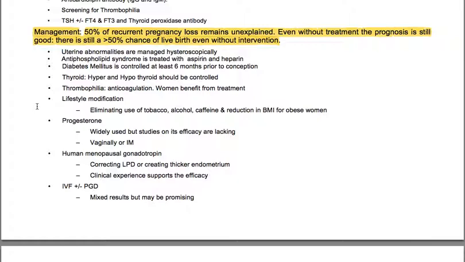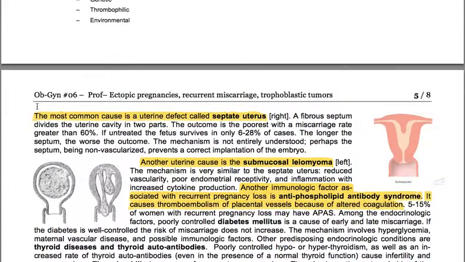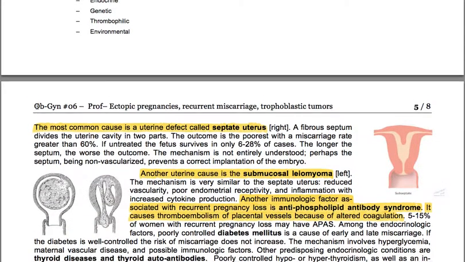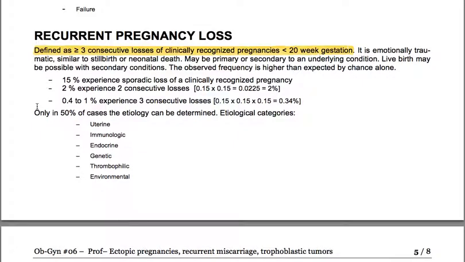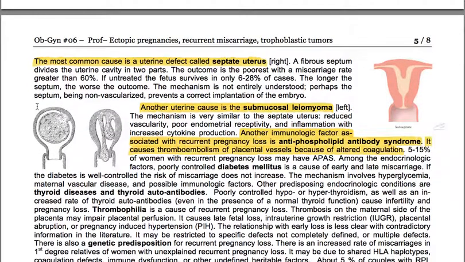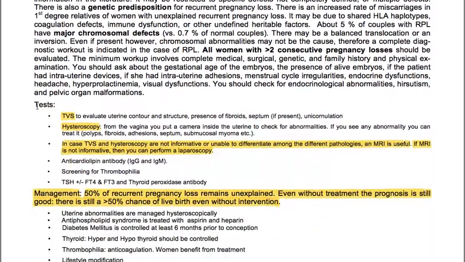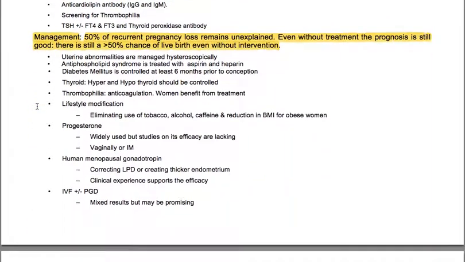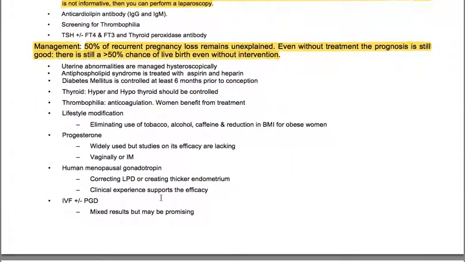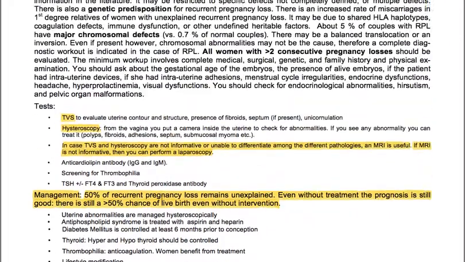Human menopausal gonadotropin, correcting LPD, luteal phase defect, or creating thicker endometrium. Clinical experience supports efficacy. IVF plus or minus PGD has mixed results, but may be promising.